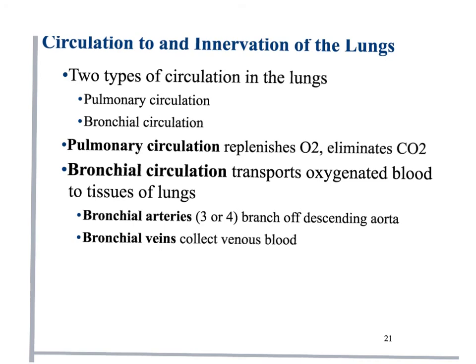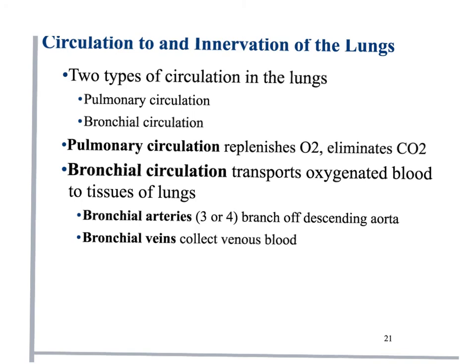All right, so we have both sections. So bronchial arteries, they branch off of the ascending and the descending aorta, and then the veins collect venous blood. And some of the bronchial vein blood goes into the pulmonary vein. Right, there's kind of a little bit of a mixing that occurs there. Very little, okay, depending upon where it is.